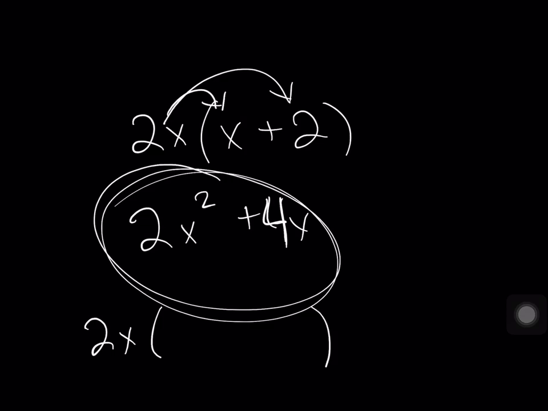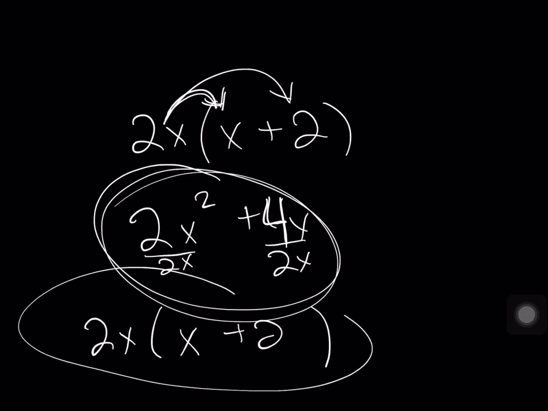Okay, so if we multiply to get in, then we've got to divide to get back out. And so if I take 2x squared and divide it by 2x, x is what's left over. And if I divide 2x away from 4x, that reduces to a plus 2. And so you'll notice what we ended up with is exactly what we started with.